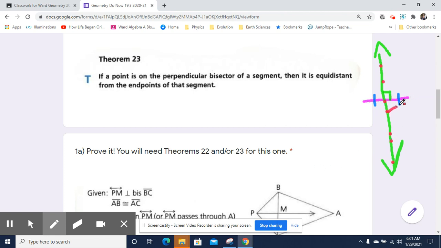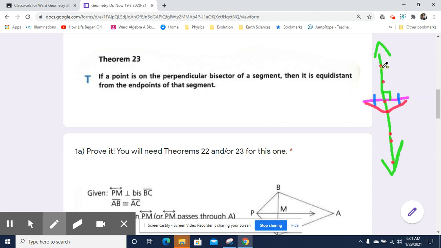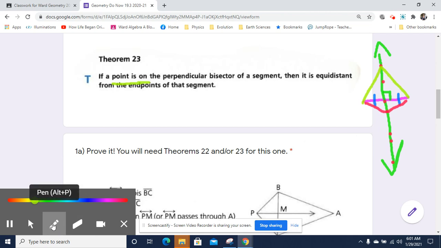This point here is equidistant. So that is an isosceles triangle, by the way. This point here is equidistant. Every single point on that perpendicular bisector. If the point is on the perpendicular bisector, then it is equidistant from the endpoints.